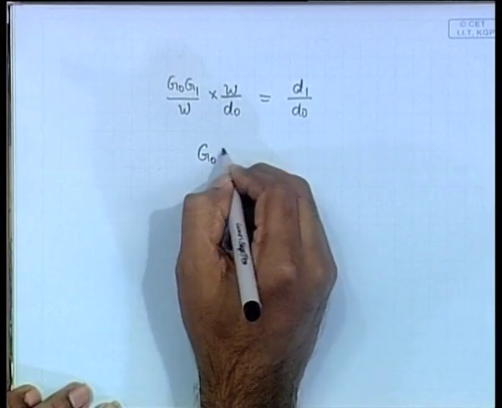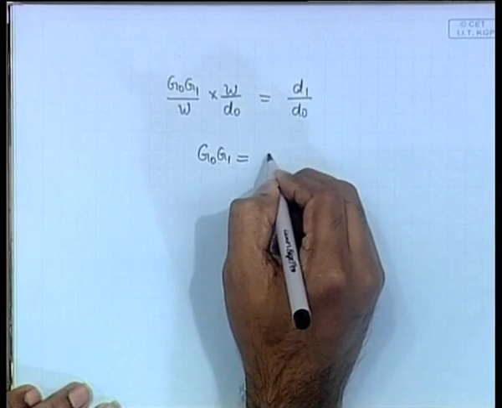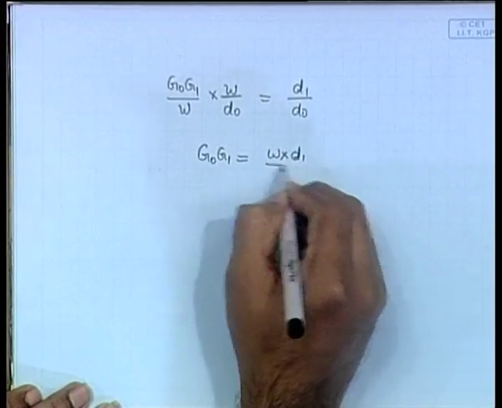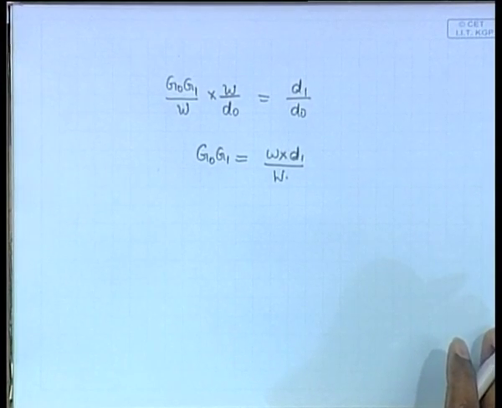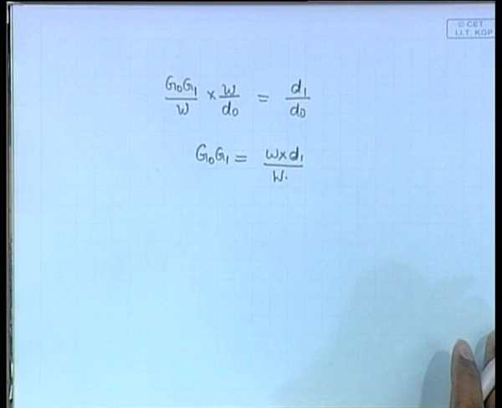Therefore, you get g0g1 equals w into d1 by W. Now, this is actually representing your g0g1. What is g0g1? It is actually the shift in the center of gravity of the whole ship because of what? Because of the suspension of the mass.